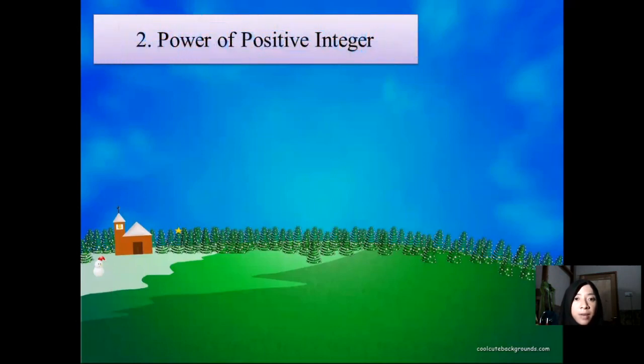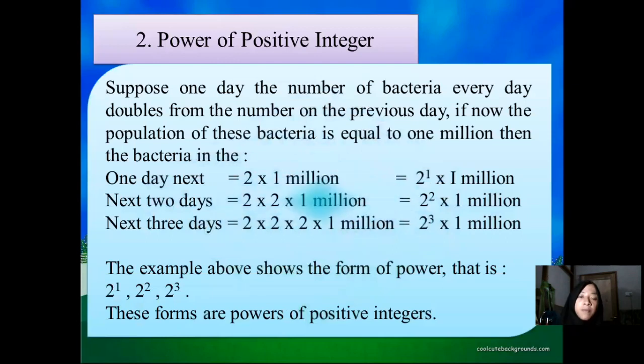The second, power of positive integers. Suppose the number of bacteria doubles every day from the number on the previous day. If now the population of this bacteria is equal to 1 million, then the bacteria on the next day equals 2 times 1 million equals 2 to the power of 1 times 1 million.